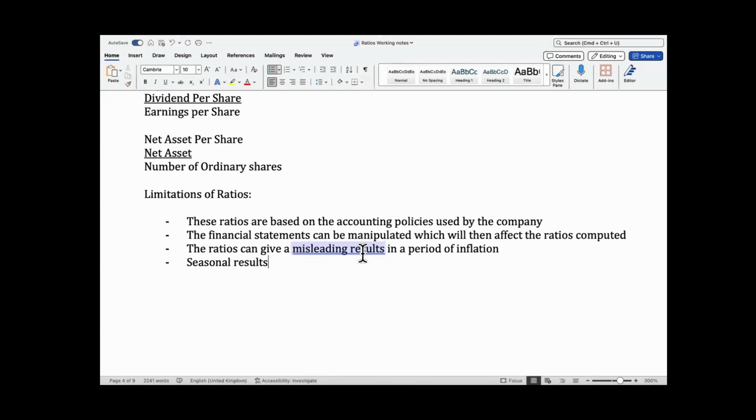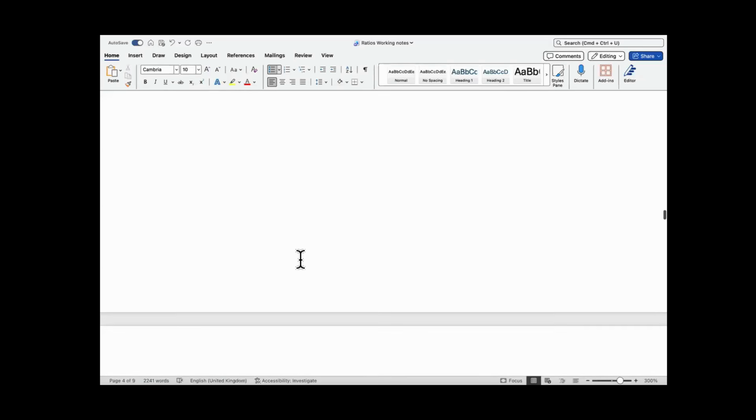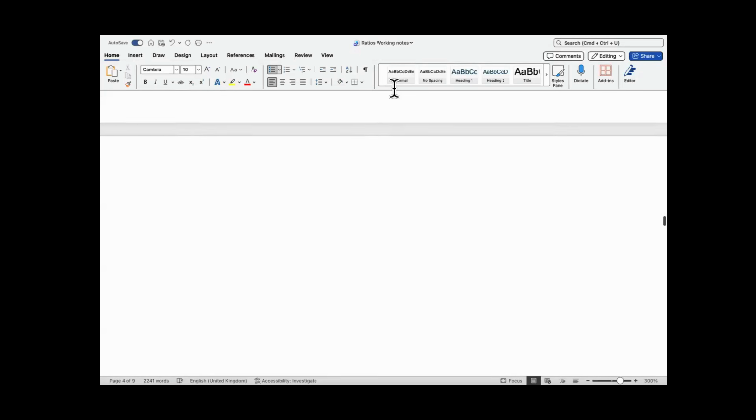And that does not really represent that the company is doing fantastically well. And a lot of other limitations can arise as a result of ratios.